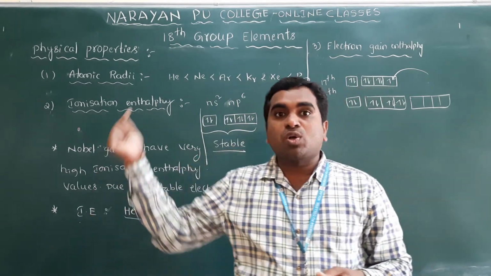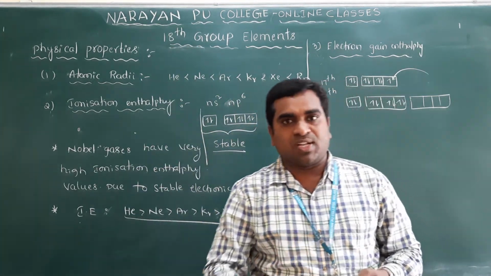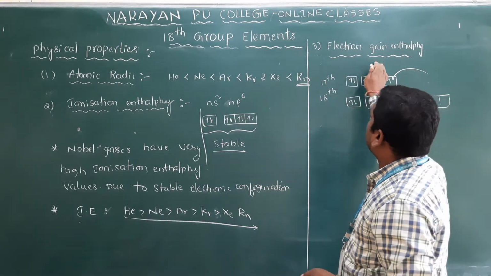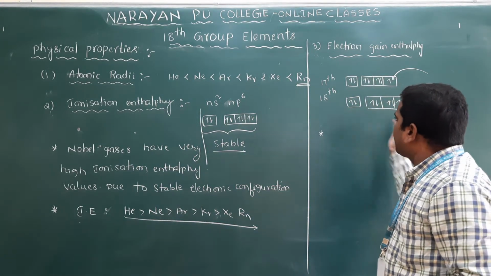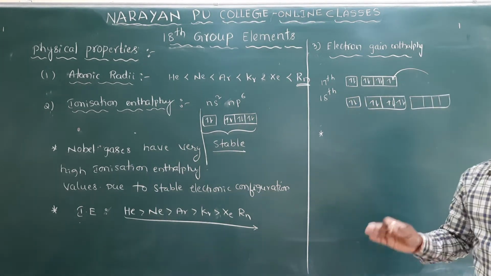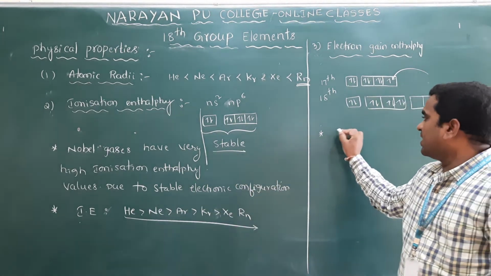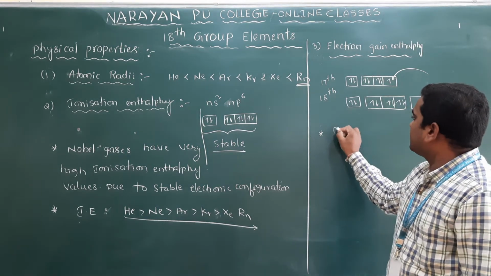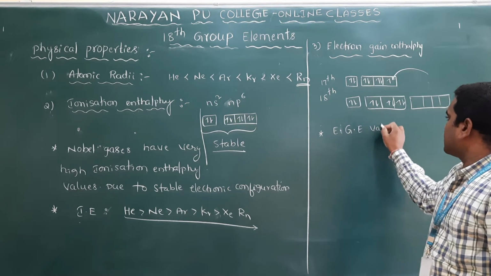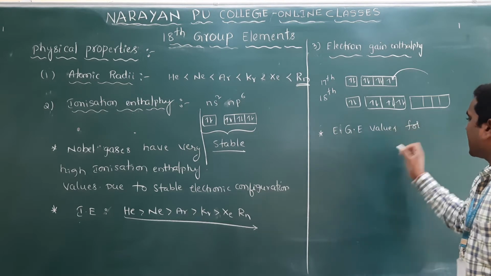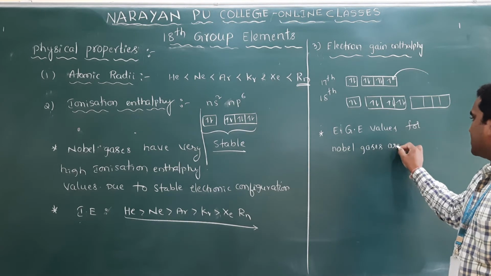So if you want to add that electron, you have to supply a lot of energy. That is why the electron gain enthalpy values for the noble gases are positive. It is very difficult to add an electron here because they are already stable, so these elements will not agree to add it. So electron gain enthalpy values for noble gases are positive.